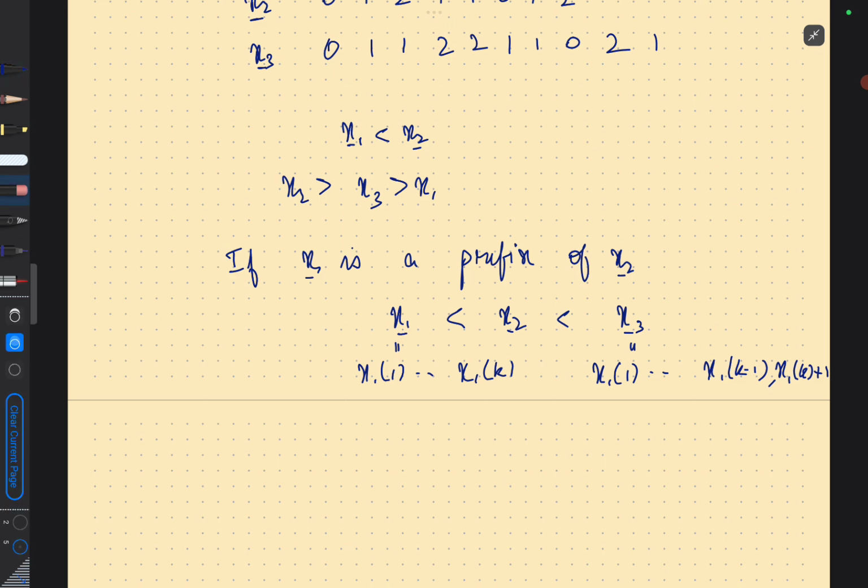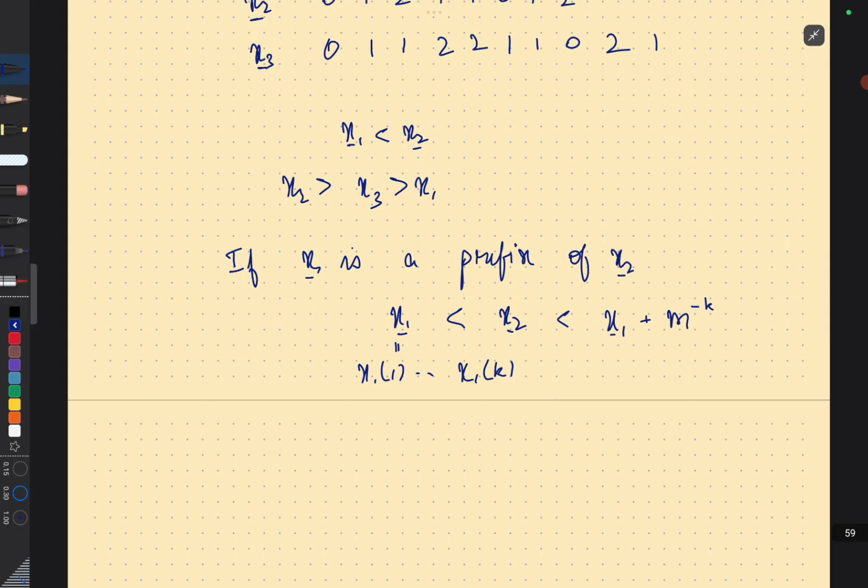To be more precise, this is less than x1 plus m to the minus k. This is a more precise version of what I'm trying to say, because you have to be a little careful depending on what the kth symbol is.